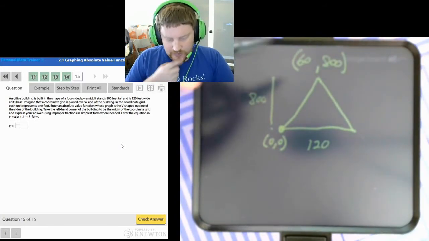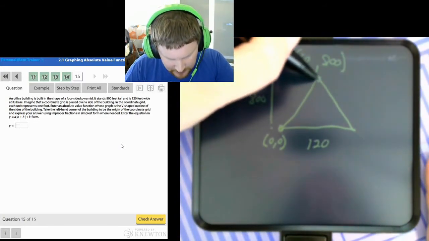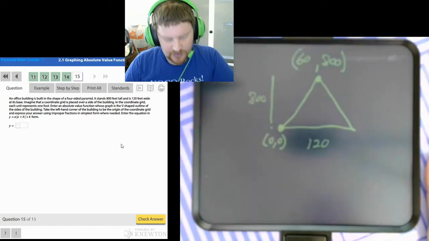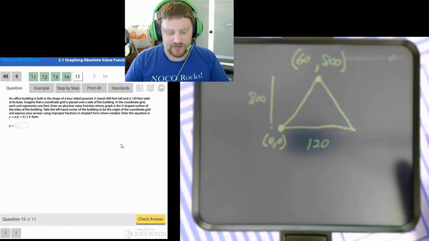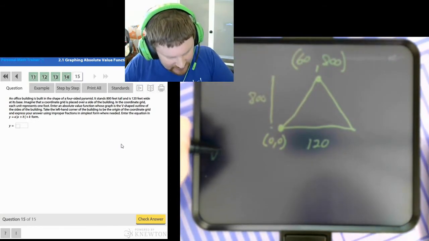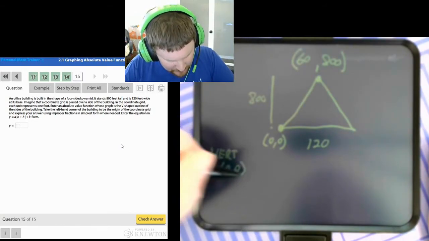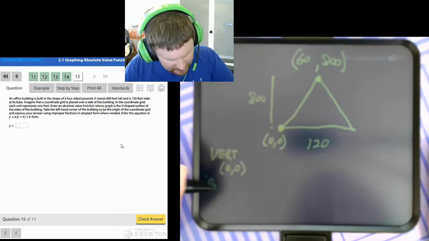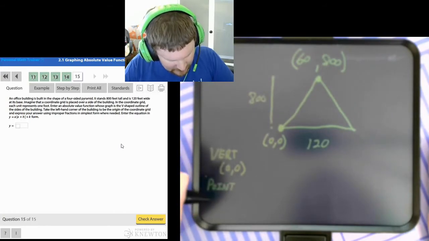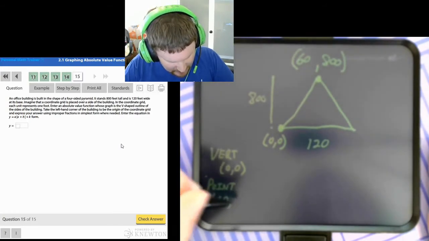So we know our vertex, and we know another point on the graph. That's enough for us to calculate everything. So our vertex is at 0, 0, and our other point is at 60, 800.